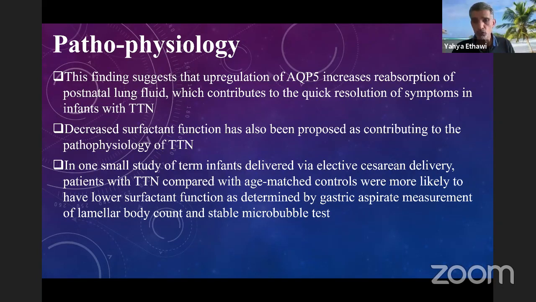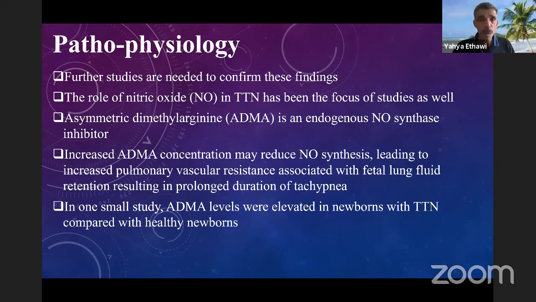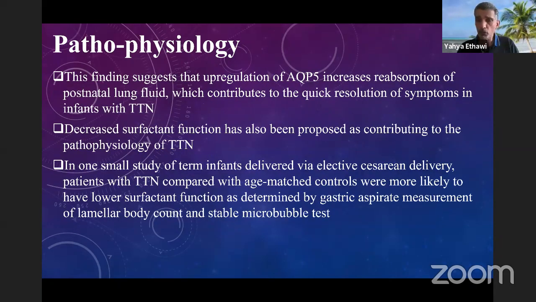They used the microbubble test. When they measured the lamellar body in the gastric residuals, they found that the lamellar body count in elective C-section with TTN is probably higher than in matched controls.